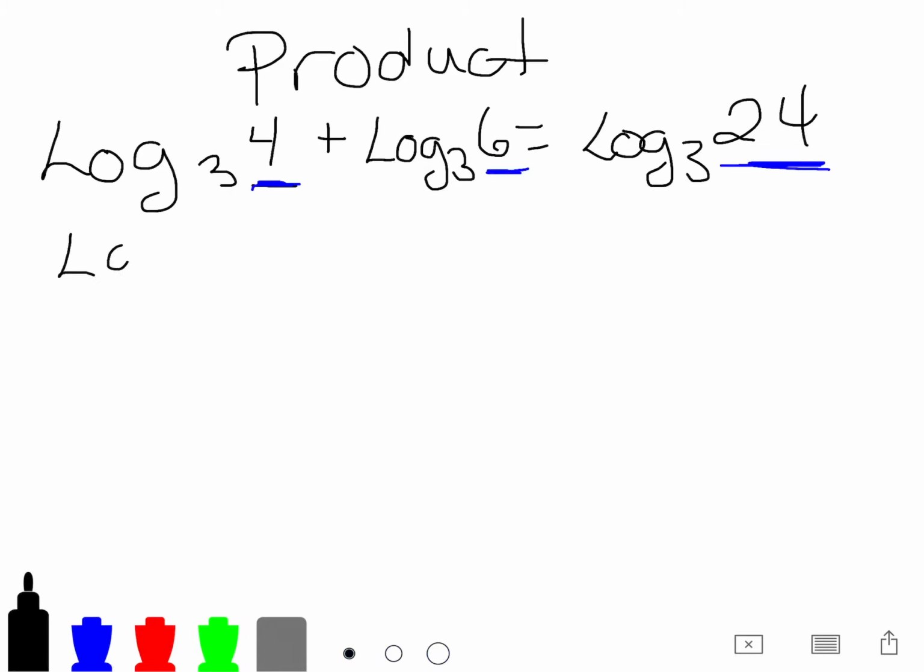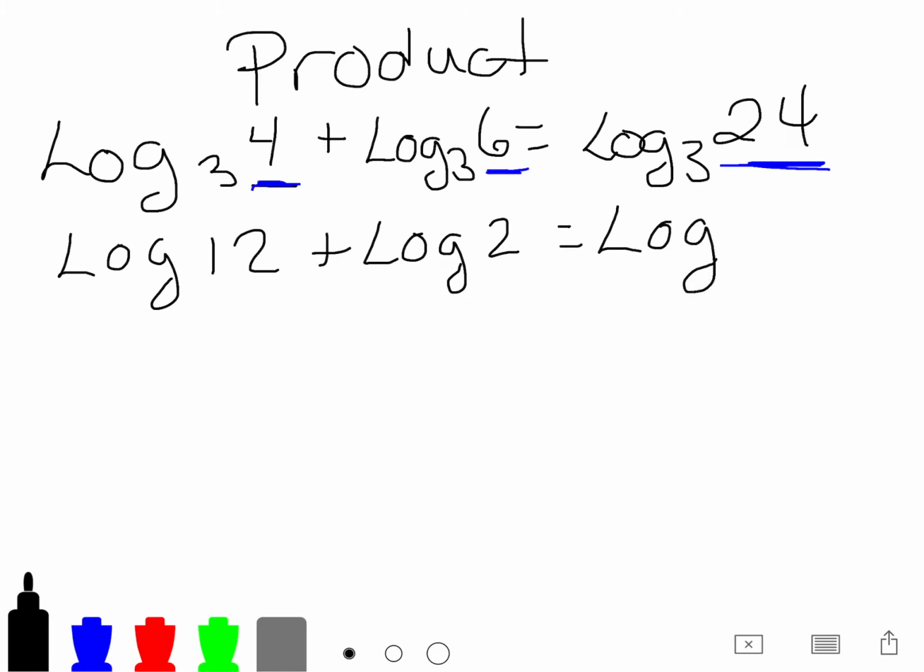So then if I had log 12 plus log of 2, and remember, when it's base 10, you don't need to write the base. So this is log of 12 and log of 2 is going to be equal to log of 24. Because if they're separated, remember 12 times 2 is 24.